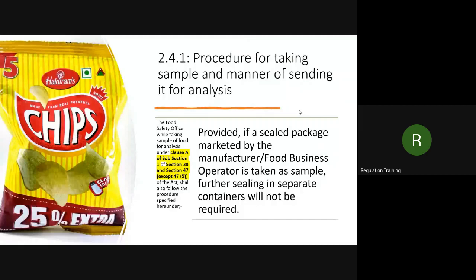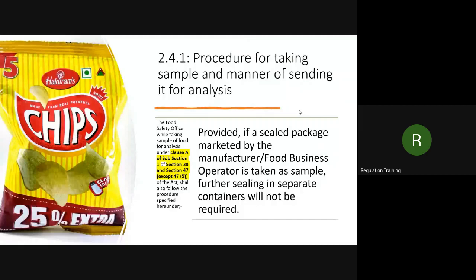If packed food is there, then no further packaging is required. I will guide you on what the meaning of packaging is. But if they are collecting loose food, then they have to follow a certain protocol.